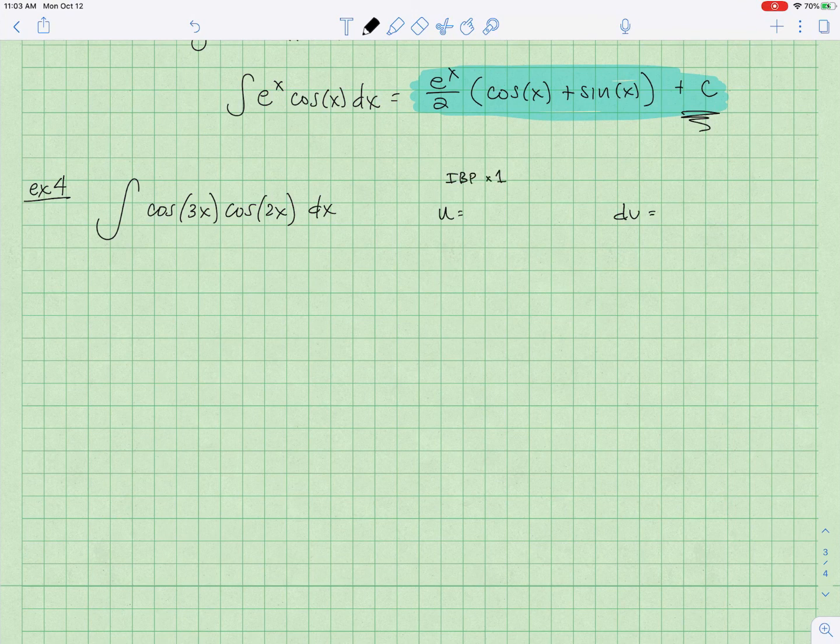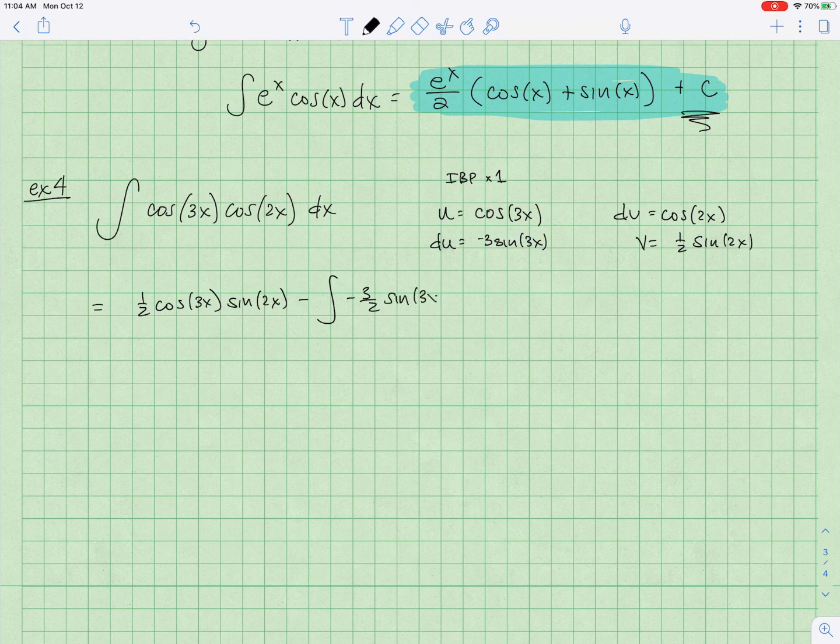And there's not much to do in the way of choosing here. So cosine 3x, cosine 2x, and we'll just get started. du is negative 3 sine 3x, and v is 1/2 sine 2x, and this becomes uv, which is 1/2 cosine 3x sine 2x, minus the integral of v du, which is going to be negative 3/2 sine 3x sine 2x dx.